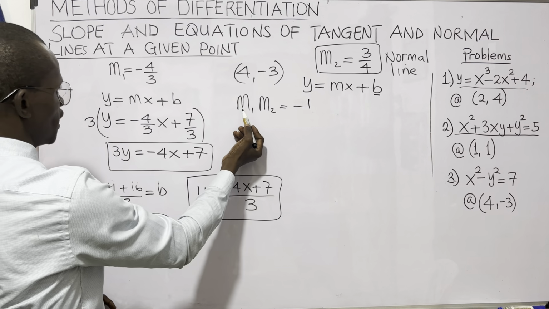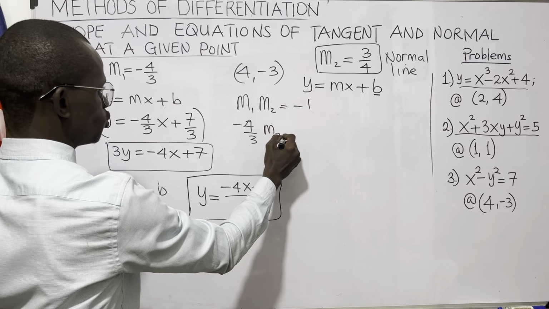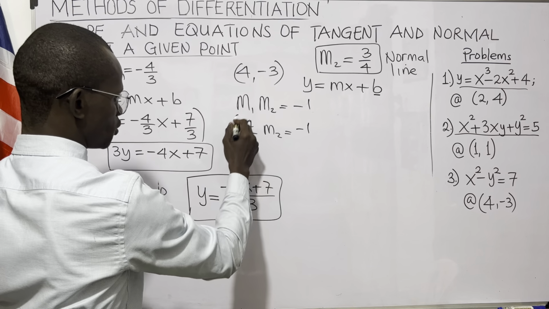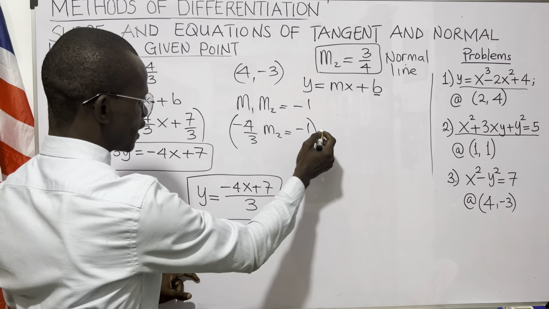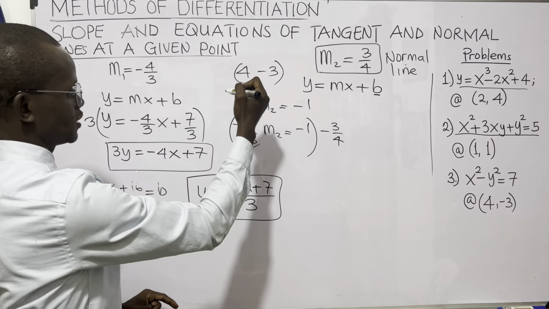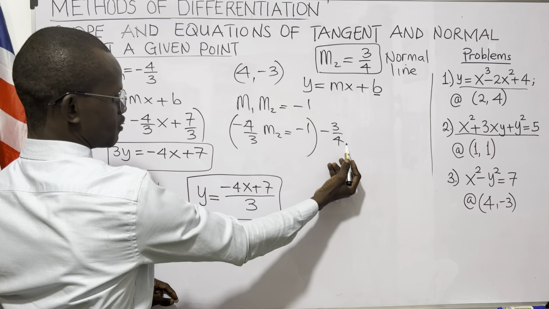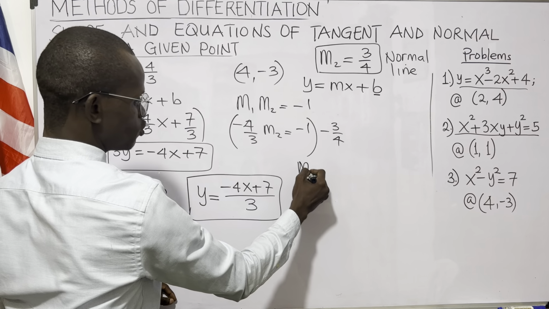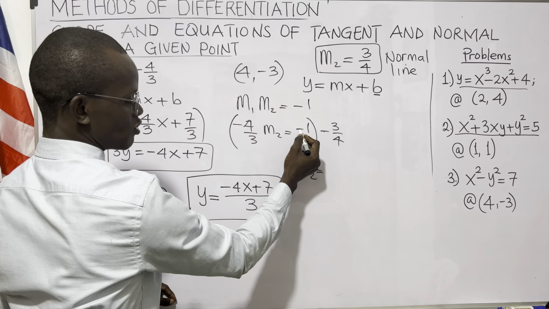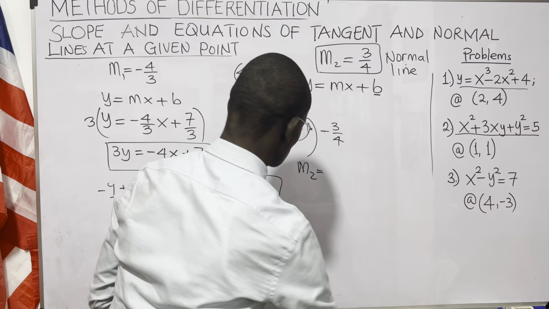So we said m1 is minus 4 over 3 times m2 equals minus 1. To get rid of this, we must multiply all sides by minus 3 over 4, the reciprocal of this one. So this 3 and 3 cancel, 4 and 4 cancel, we are just left with m2. And this time, this is also positive. That was how we got 3 over 4.